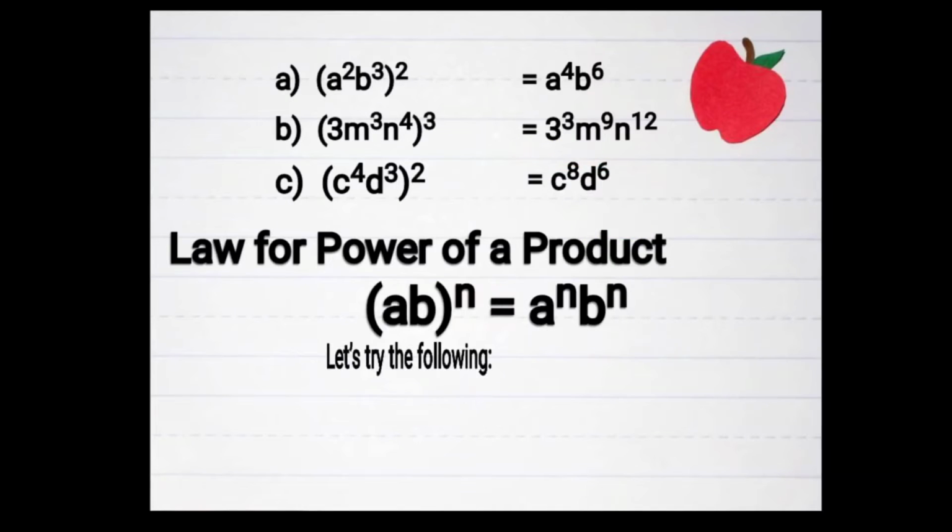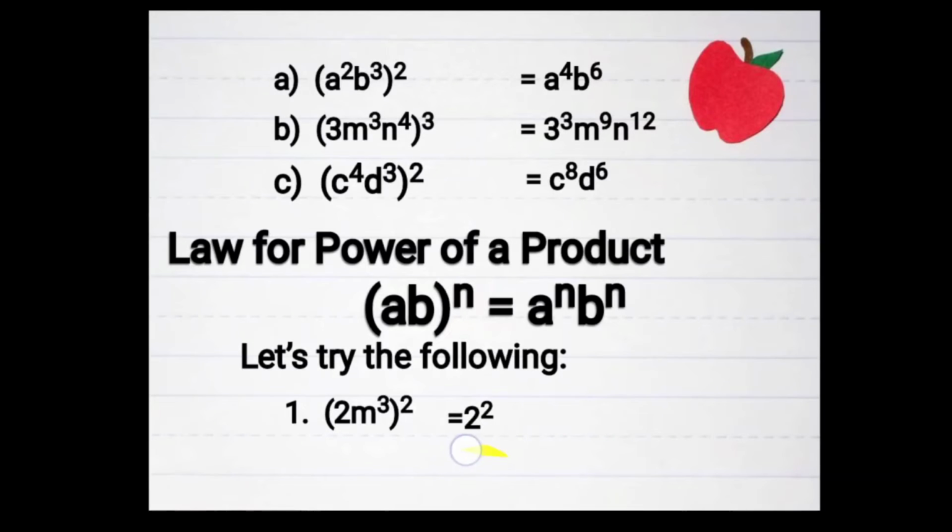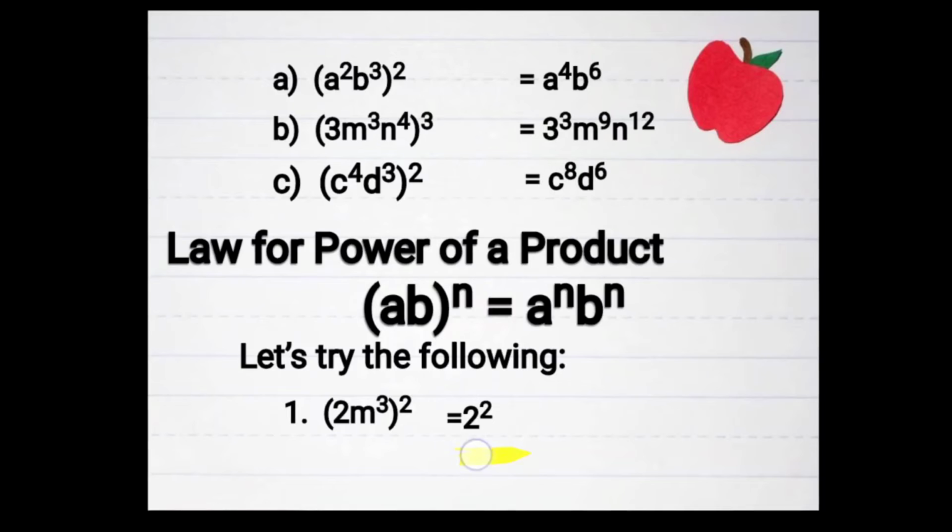Now let's try the following. Let's have 2 times m cubed, squared. So copy the base 2, then multiply 2 times 1 because the exponent of 2 is 1. 2 times 1 is 2. That's why we have 2 squared. Then copy the base m, then multiply 2 times 3 is 6.